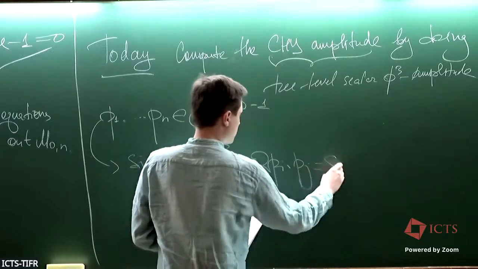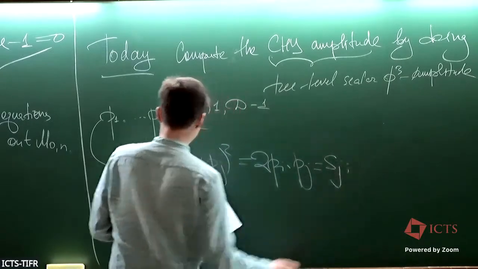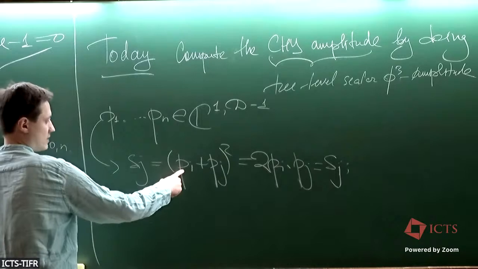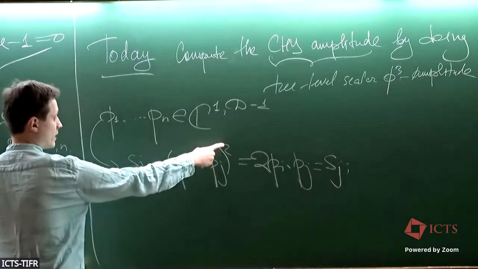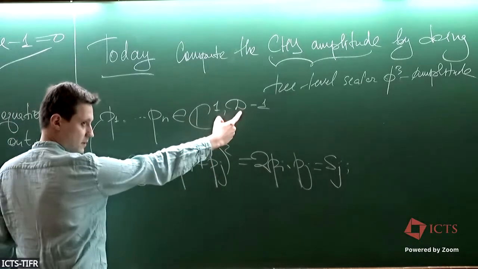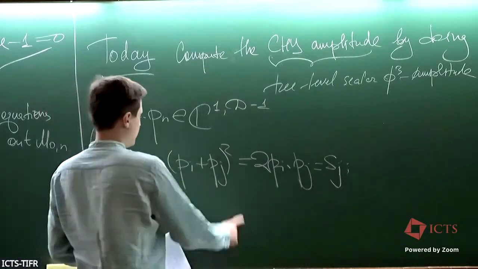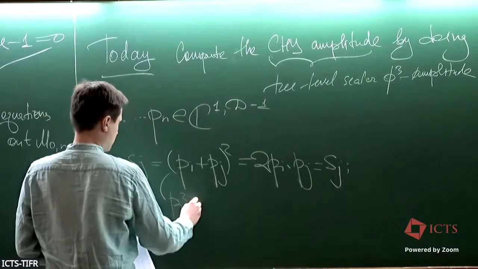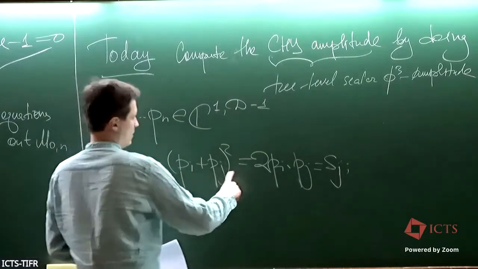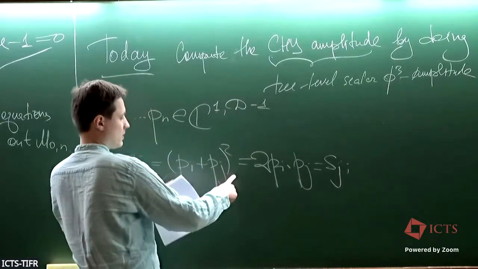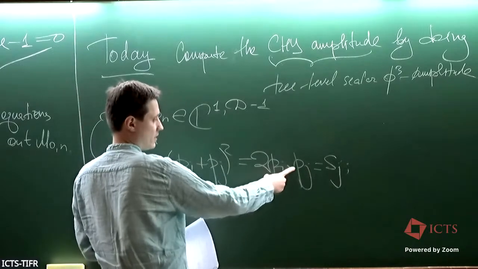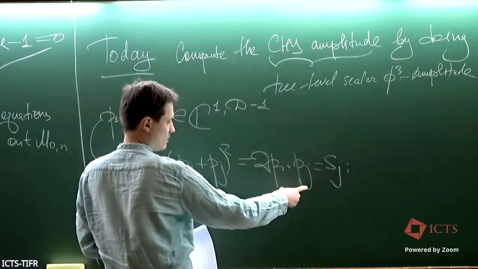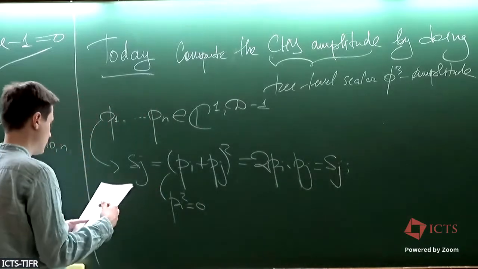What we do here is we simply take the sum of two different momenta and square it, where the square is understood in the sense of this metric. Because we assume our momenta to be on shell, so they themselves square to 0, the only term from this square that survives is the middle term, 2 times p_i times p_j, and this is our Mandelstam invariant.